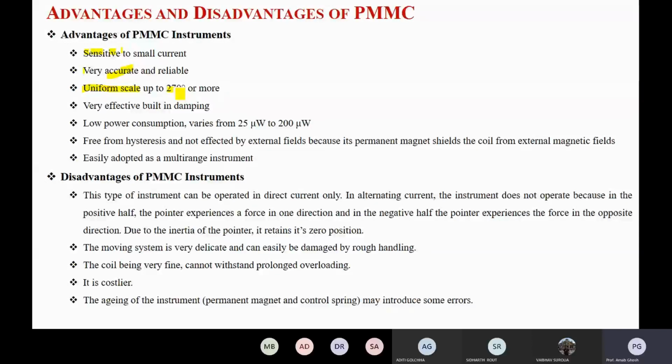If it is uniformly distributed, it is very simple because it is a linearly distributed system. It is much easier to measure the value, and you can also do the manufacturing in your own laboratory. That is the basic benefit: the linear distribution of the scale. Then very effective built-in damping.